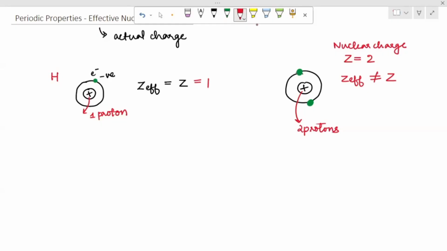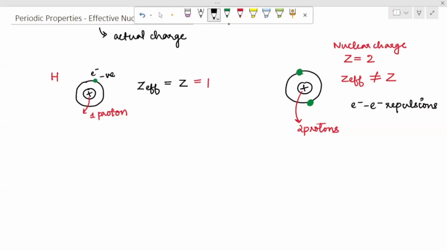I'll explain why. Already the nucleus will show force of attraction towards the electrons. That is definitely there, positive will attract the negatives. But apart from that, these electrons will experience electron-electron repulsions.